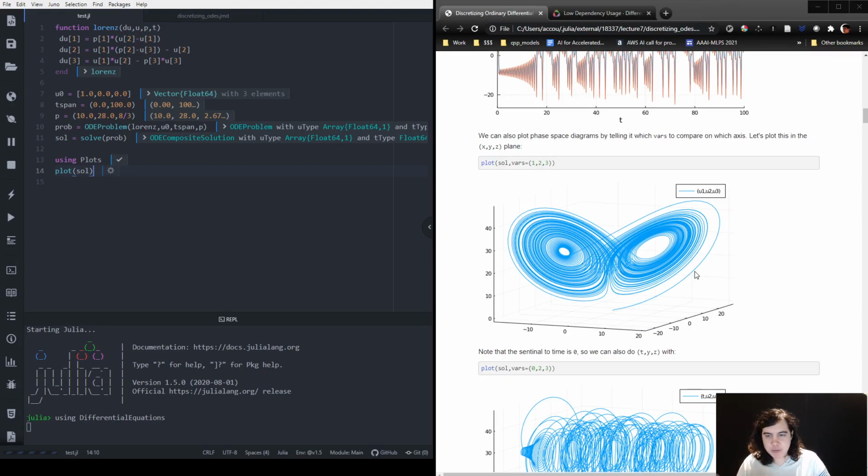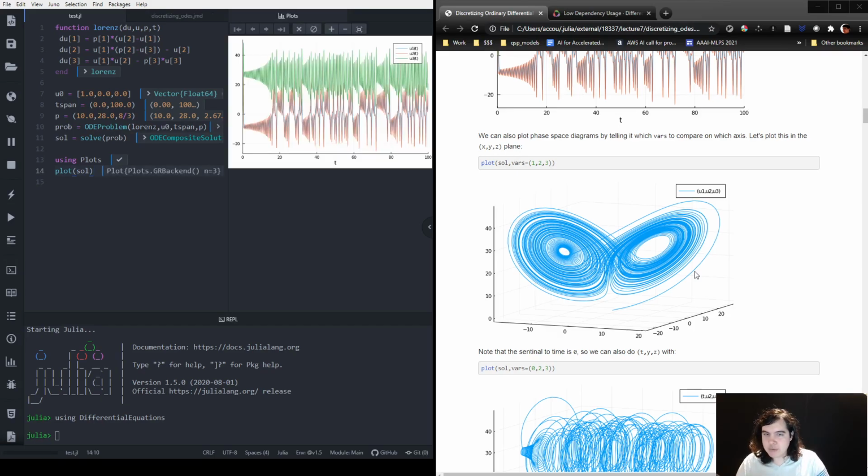It's a very well-known, infamous equation because this is one of the equations from which chaos was first discovered. One of the interesting things about this equation is that very small differences in the input cause very large differences in the output, and we'll explore that in a second.